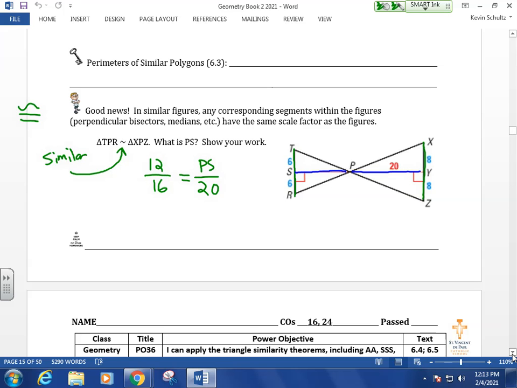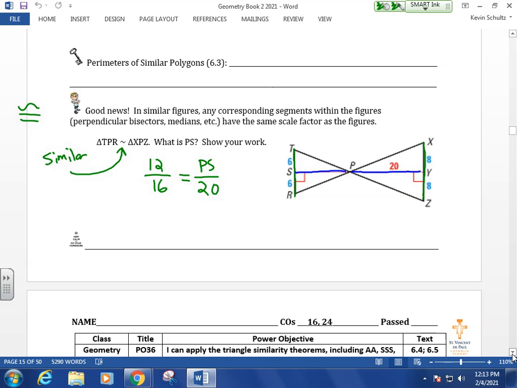Just like we set up proportions before, I've got the corresponding sides of my triangles, 12 to 16, set up with the special segments inside, PS to 20. 12 is to 16 as PS is to 20. I start with the same triangle each time, that smaller triangle, 12 to 16, then PS to 20.